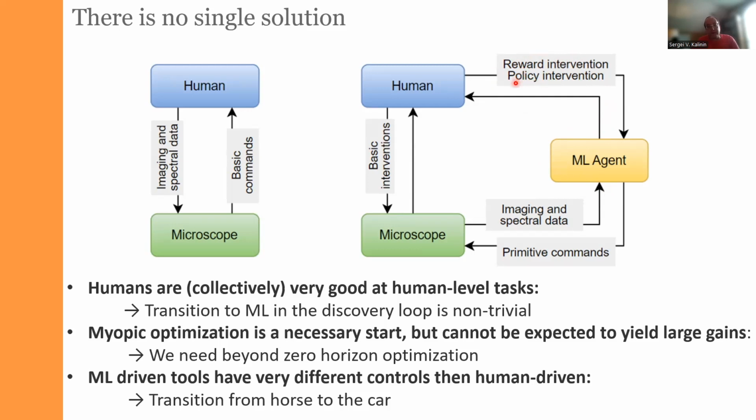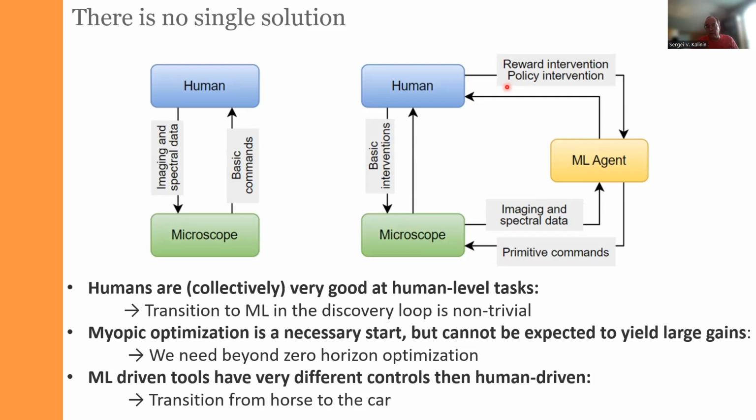Interestingly enough, if you think that the transition from a normal microscope to the autonomous microscope would be like a transition from, let's say, Toyota to Lamborghini, it's absolutely not the case. It's not even a transition from bike to Lamborghini. It would be more like a transition from the horse to driving a car, because our controls are going totally different. If we drive a bike, we have the steering wheel that allows us to drive where we want.